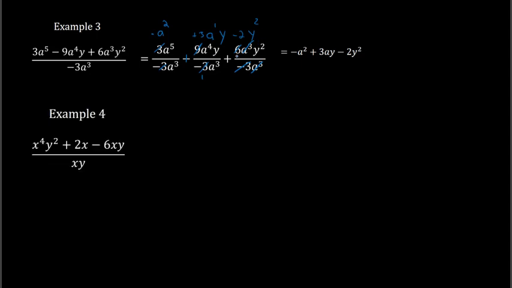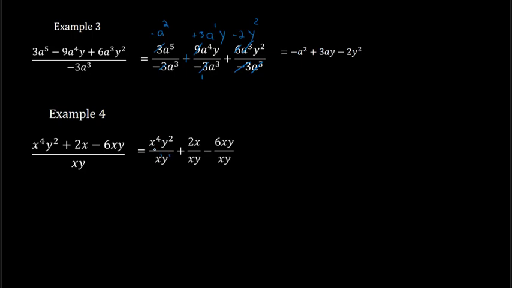Okay, here's another example where we are told to divide. So once again, we can break apart this as 3 separate fractions. We have x to the 4th y squared over xy plus 2x over xy minus 6xy over xy. So the first fraction, I have 1x and 1y in the bottom.